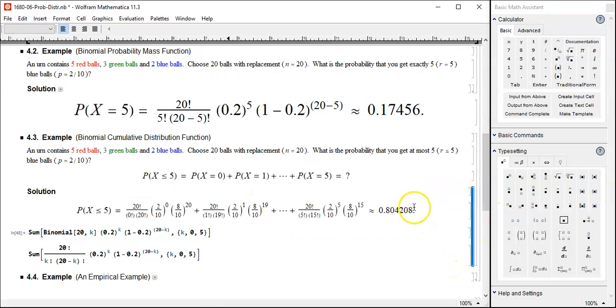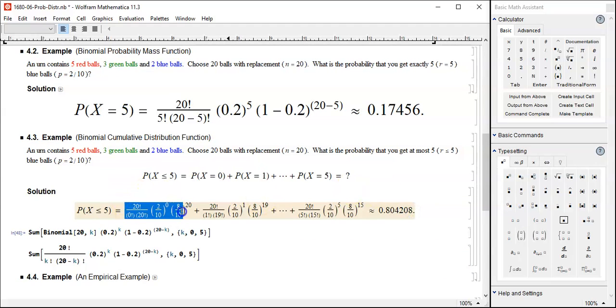And, well, here we go. 0 successes, 1 success, and 2, 3, 4, and then 5 successes. And if you do all those right and add them all up, you're going to get this number, 0.80 something. I told you this is highly unpleasant, tedious computation. Elementary, but tedious.